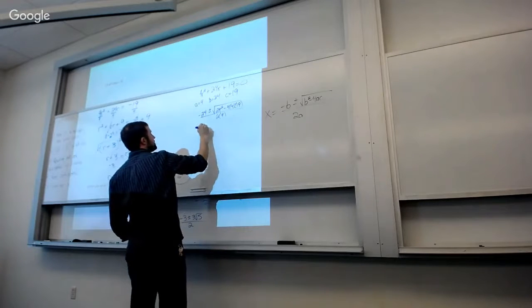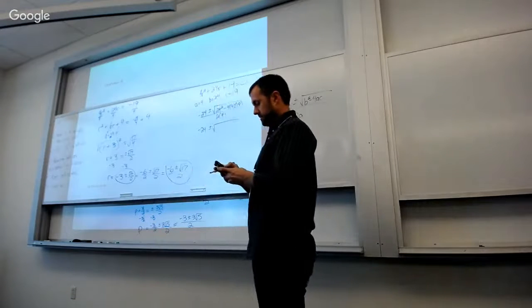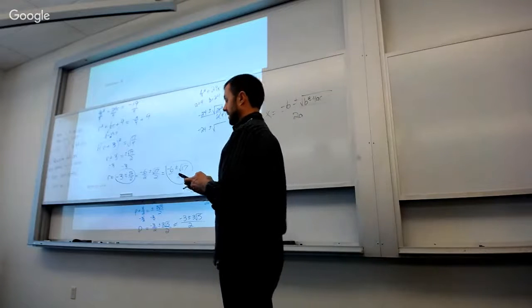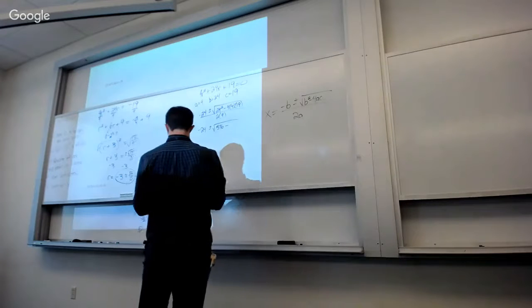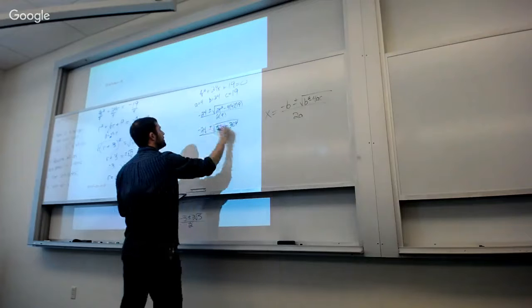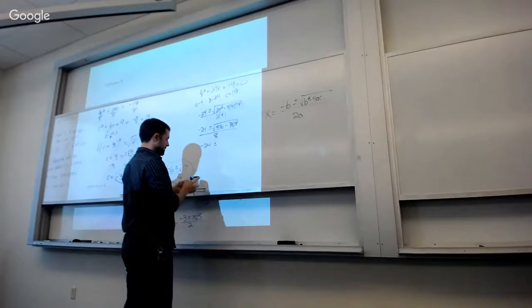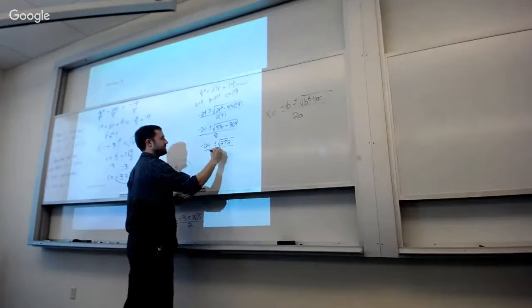So it'd be negative 24 plus or minus the square root of 24 squared, 576, minus 16 times 19, which is 304, all over 8. And so then that's negative 24 plus or minus the square root of 272, all over 8.